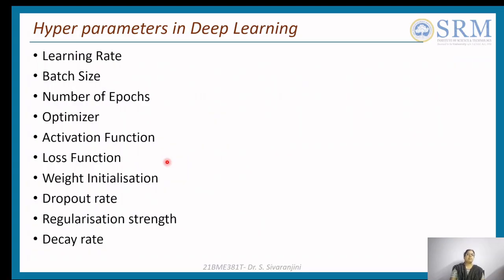So what are the major hyperparameters required in deep learning? The first one is the learning rate. The learning rate is the step size for the weight updates during gradient descent. What do I mean by step size for the weight updates? It is how much the weight should change.